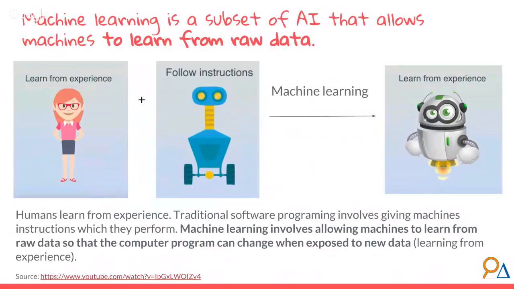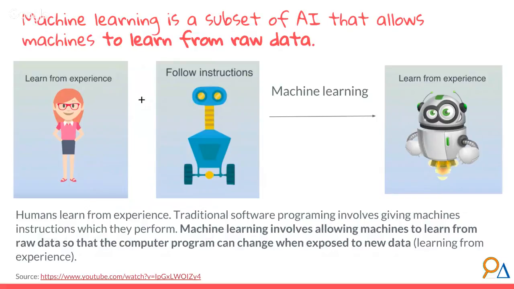Humans learn from experience. Everyone learns from experience. Machines as well are able to learn from experience by following instructions through the data that we give it. Traditional software programming involves giving machines instructions, which they perform. Machine learning also involves allowing machines to learn from raw data, so that the computer programs can change when exposed to new data.